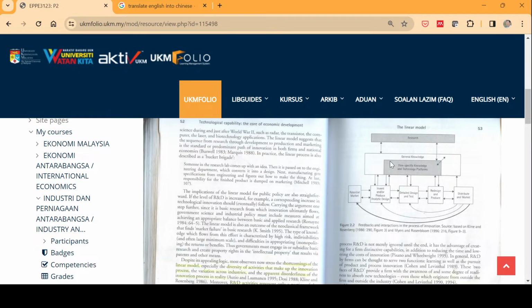It is the second page, which is iterative. You see here, it's a loop.